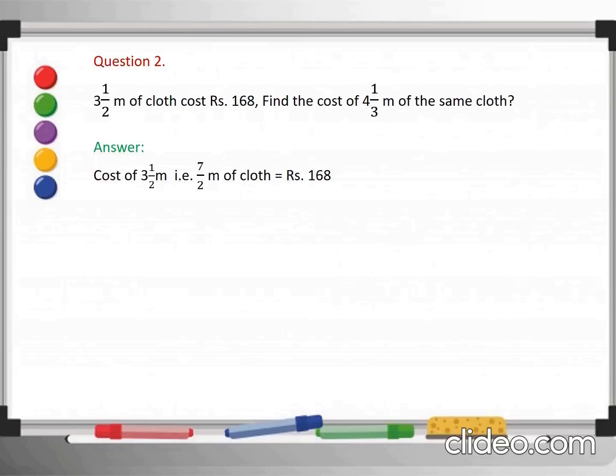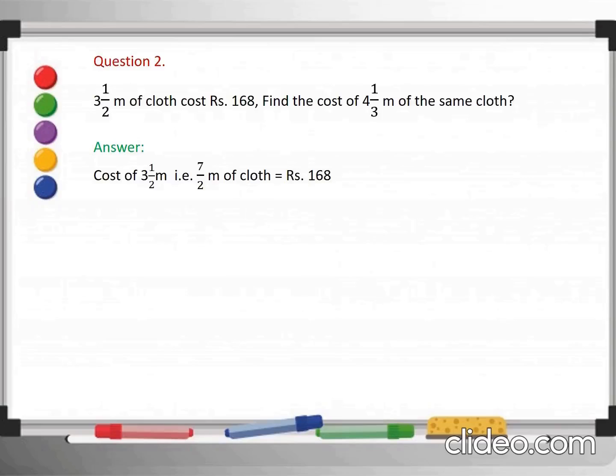Here we have mixed fraction, that is 3 1 upon 2. First we will convert this mixed fraction into improper fraction. So when we multiply 3 into 2, we'll get 6. 6 plus 1 is 7. Therefore 7 upon 2 meter of cloth is equal to 168 rupees.